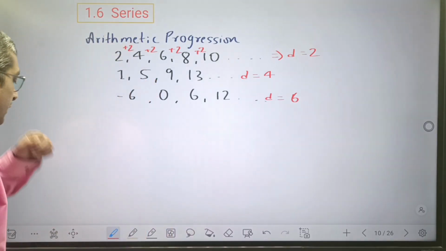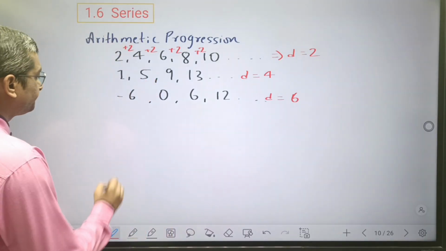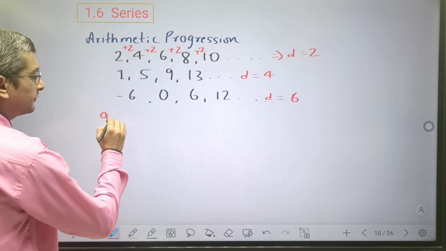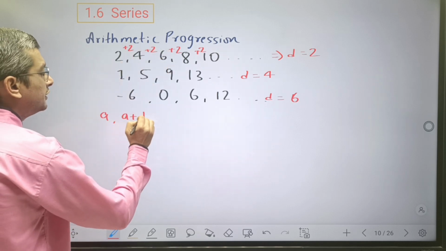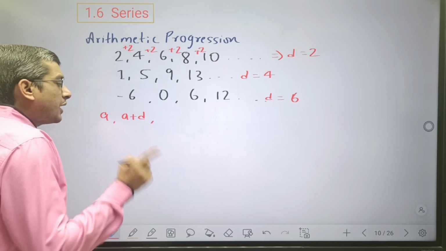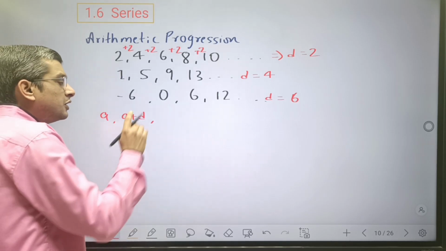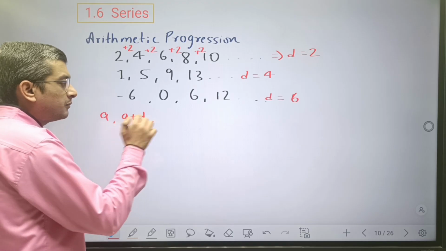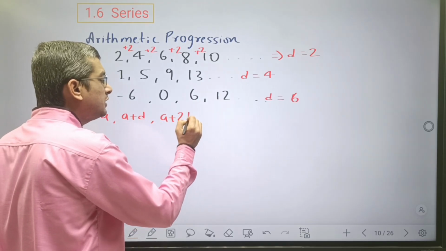Are you getting it? In general we can write any arithmetic progression series as a, a plus d. Now again this d is the common difference. To get the next term we add this common difference to this term, so this will be a plus 2d.